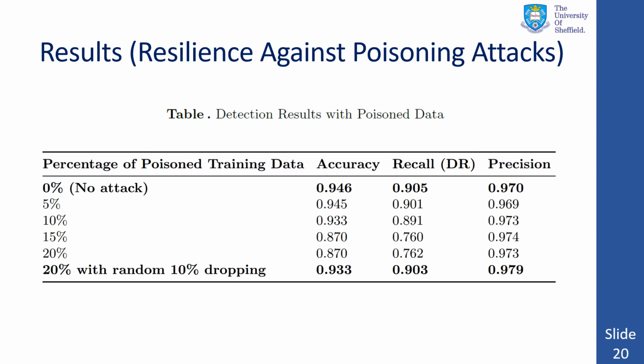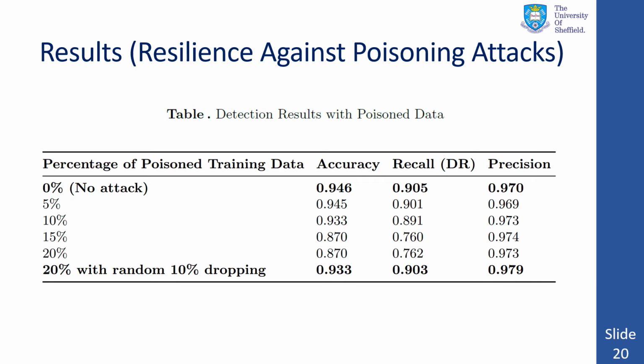This is the second set of results, in terms of the second attack in our threat model, which is the poisoning attack. We tried to see how resilient our detection approach is against poisoning attack. And as you can see, we measured the accuracy, recall, or detection rate, and the precision.